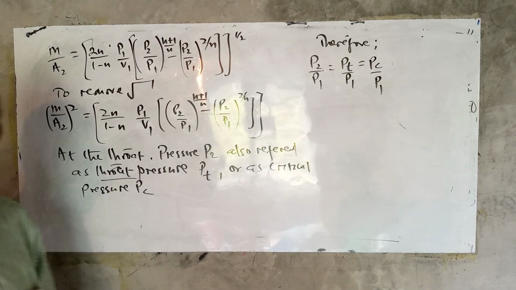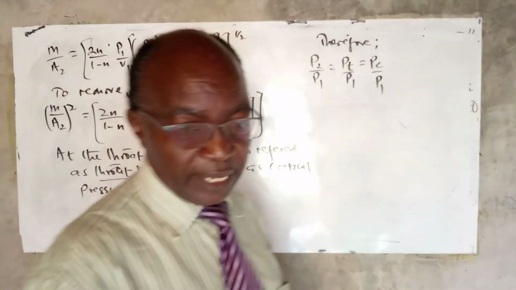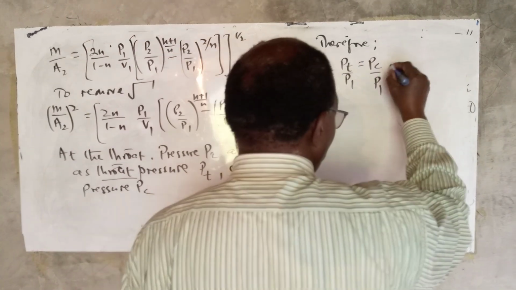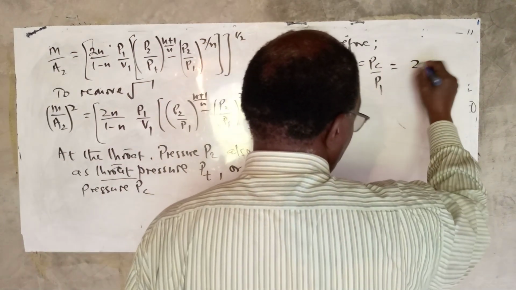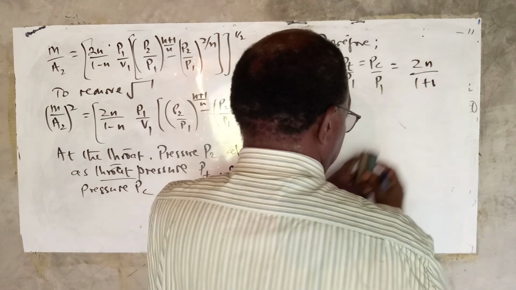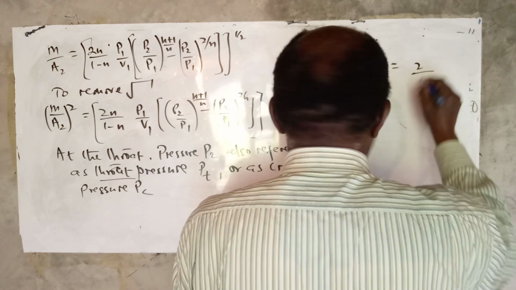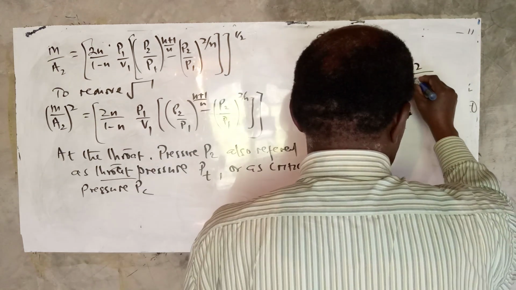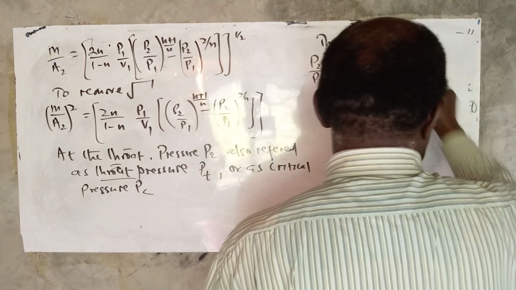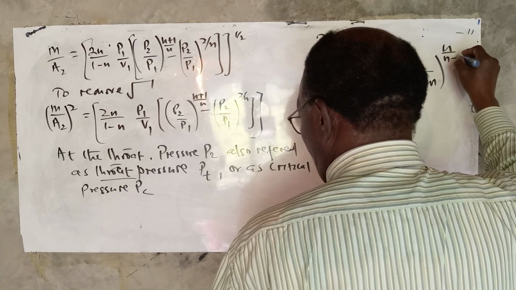Remember from our earlier lectures, and I encourage you to go through our lectures systematically because we have worked on these things comprehensively in those lectures, it was found to be 2 over n plus 1, all raised to the power n over n minus 1.